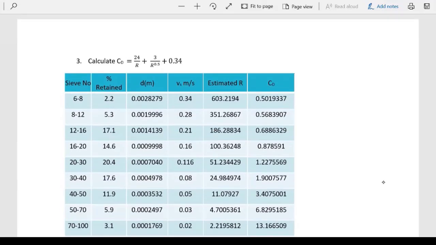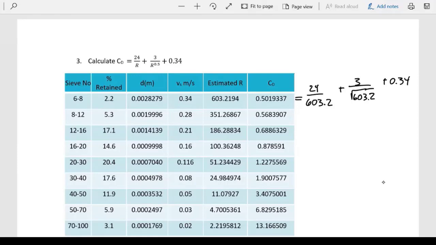We then can use that estimated R value to calculate the coefficient of drag. So we're just substituting in here. So that is equal to 24 over 603 plus 3 divided by the square root of 603.2 plus 0.34.